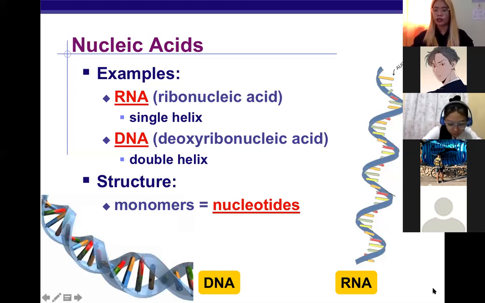So, iniikutan nila yung isa't isa. Okay? Dahil dalawa sila. And then, when it comes to RNA, single strand lang siya. So dahil nag-iisa lang siya, wag na nating paikutin, mag-isa na nga lang siya, di ba? So single helix lang siya.